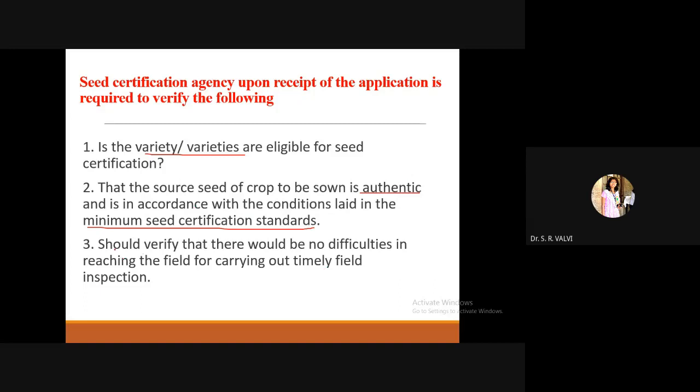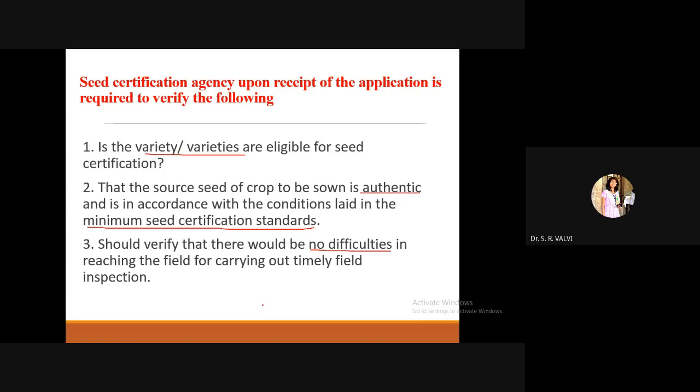Then next, verify that there would be no difficulties in reaching the field for carrying out timely field inspection. Yes, so in the application form, it should mention your field where the inspection is going to happen, so that the inspection will be carried out without any difficulties. You have to mention this point in your application.